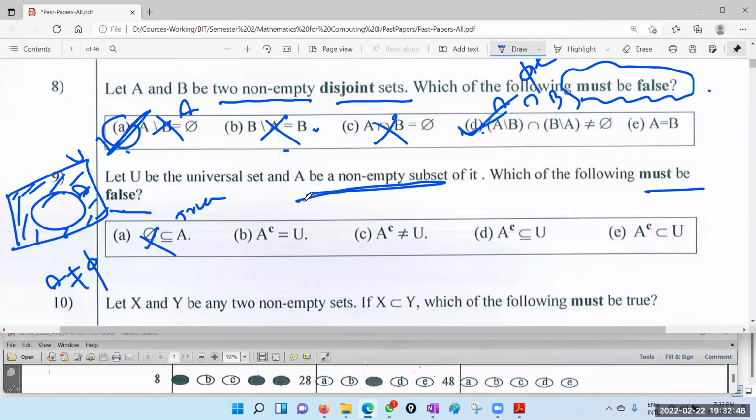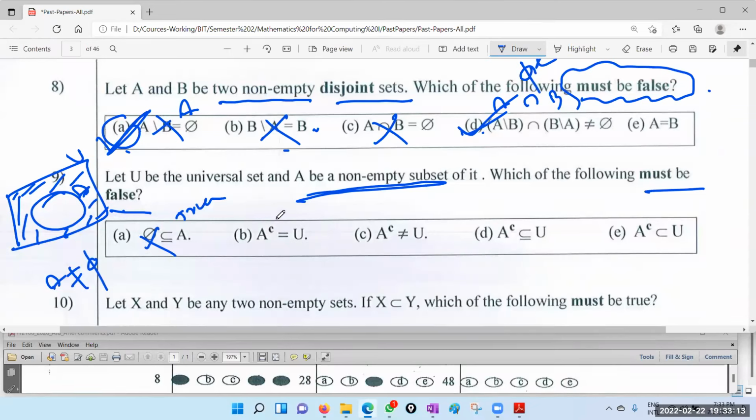When A is non-empty, you can't say U minus A is U. It must be something removed from U because A is non-empty. So therefore, this must be false.